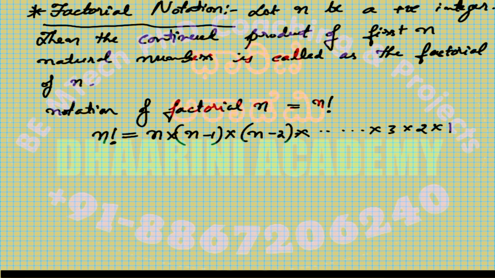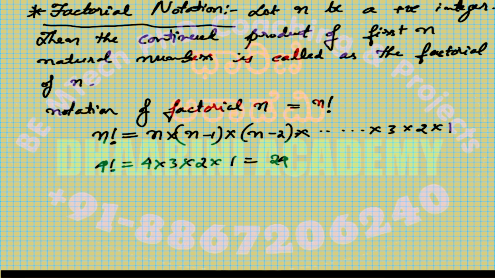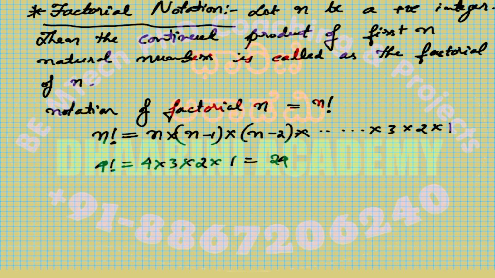So the product of the first n natural numbers is n factorial. For example, you can write 4 factorial, which is 4 into 3 into 2 into 1. That is 24. Like that, you can write 10 factorial, 15 factorial, and so on. So it's a simple representation.